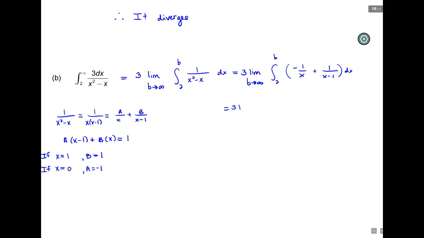So I get 3 limit as b approaches infinity. Now I'm going to take the integral, so I have negative ln of x plus ln of x minus 1, and we want this whole thing evaluated from 2 to b.